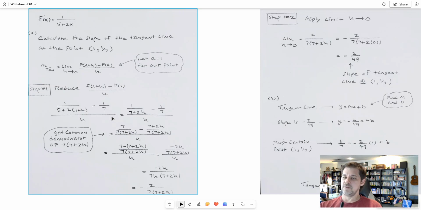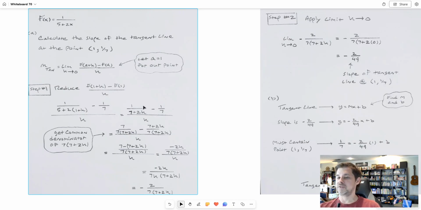And to do that, I'll need to do things like subtract these two fractions and then divide what I get as a result. So if I'm going to subtract these fractions, then I need to get a common denominator. That's how it works. So after a little reducing here and getting 7 plus 2h, I see that the common denominator among these fractions on top, which I'm going to subtract, is 7 times 7 plus 2h.